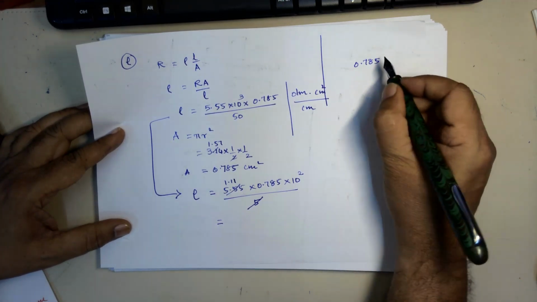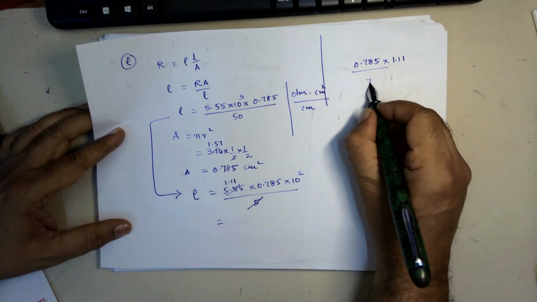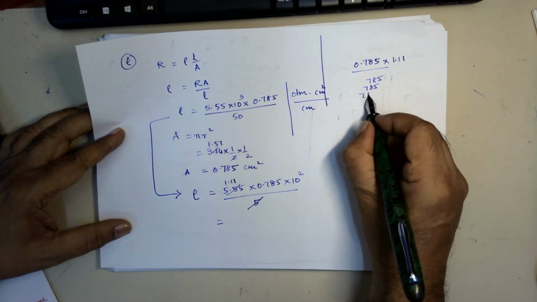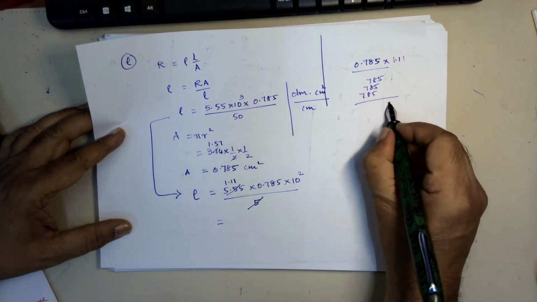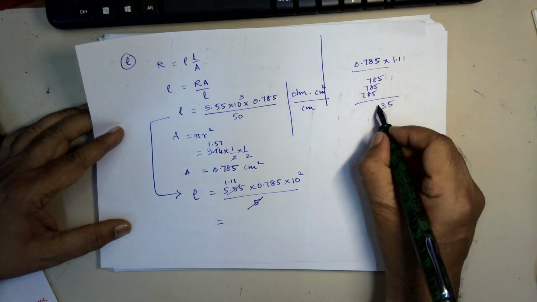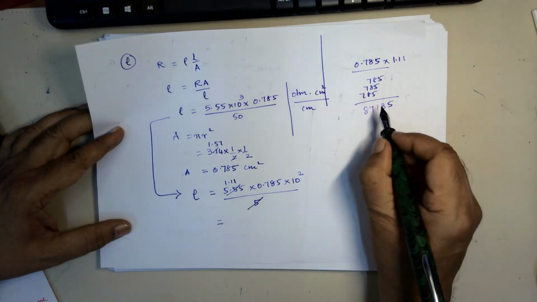So therefore 0.785 into 1.11. So 785, 785, 785, 5, 13, and then 6, 14, 21 balance 2, 10, 17, then 8.